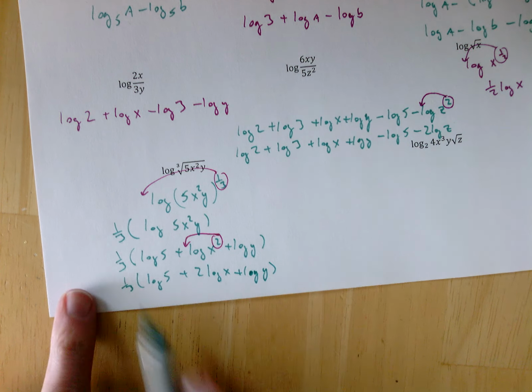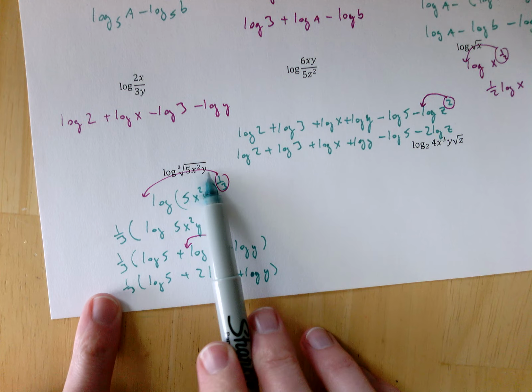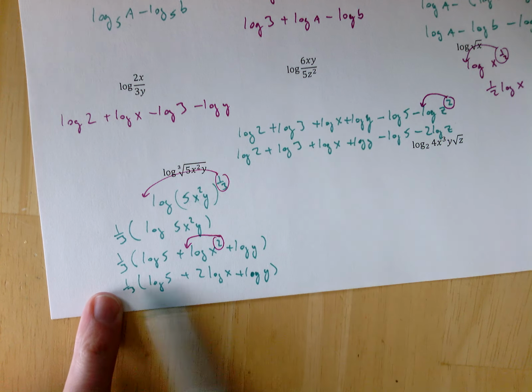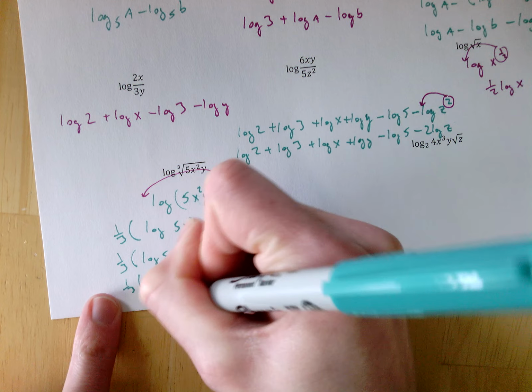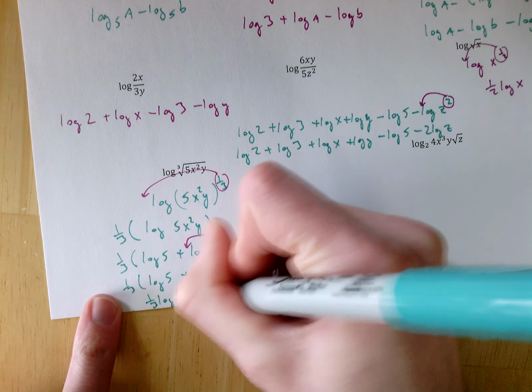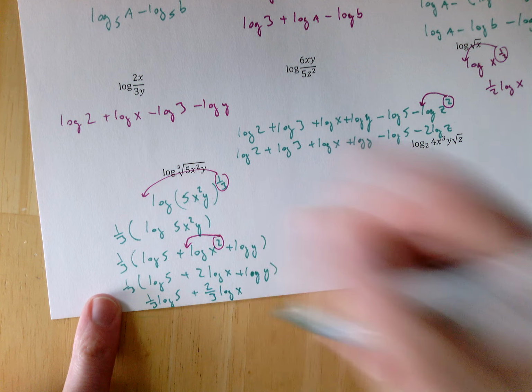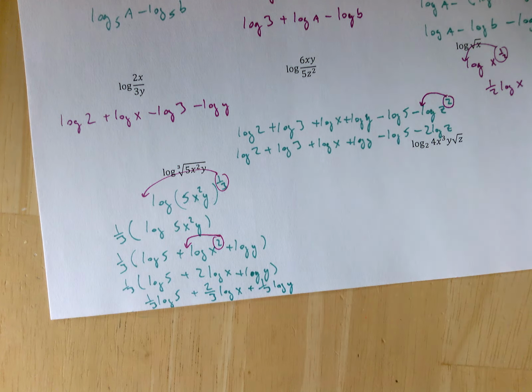Okay, and then the last thing I have to do is I have to distribute, right? This 1/3, all of this stuff was in the square root. So the 1/3 has to get applied to all of it. So it's going to be 1/3 log of 5 plus 1/3 times 2 is 2/3 log of x plus 1/3 log of y. Okay, and that is the whole thing broken down.